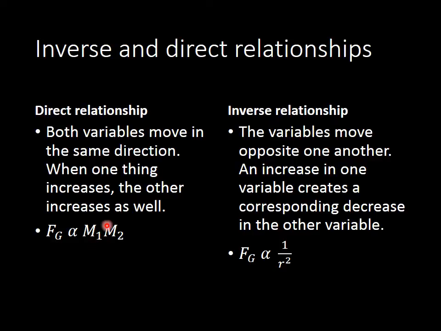The same would be true if you were to double the force of gravity, then one of the masses must be doubling. In an inverse relationship, the variables move opposite one another. If you increase one, then there has to be a decrease in the other. In this example, if you were to double the radius, then the force of gravity would be cut to a quarter, because this is an inverse square relationship.